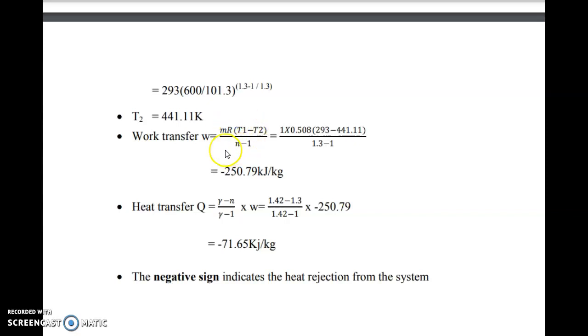In this formula, the small letter n value is given. It is a polytropic index, 1.3, given in our question itself. m is the mass of the gas, and R is the gas constant. So we should know the value of m, R, T2. If we know these values, then we can find out the work transfer.